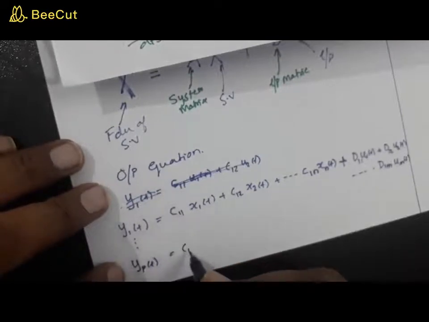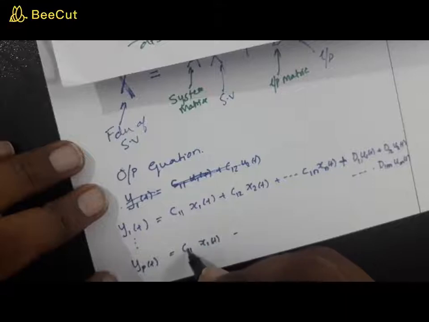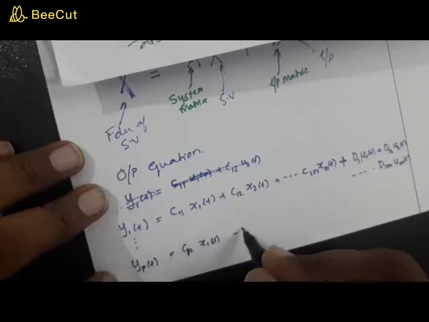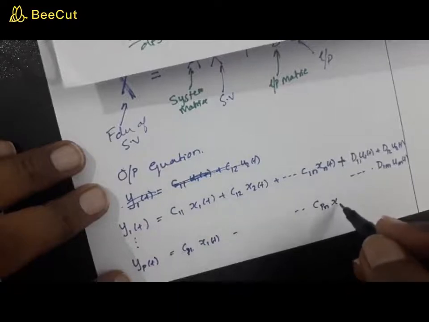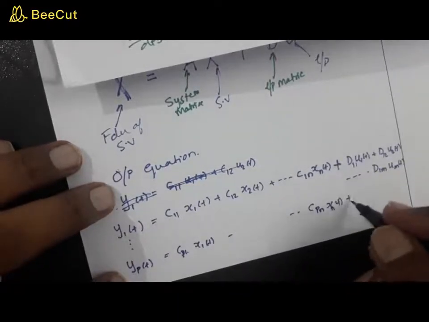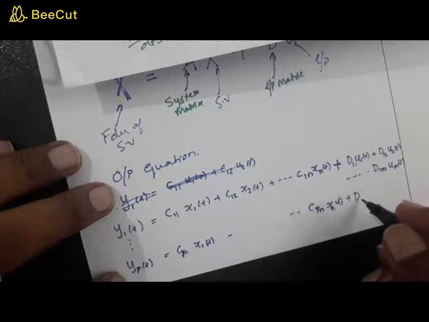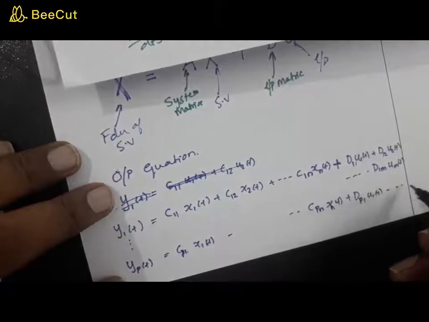So this will be cp1 into x1 of t, cp2, up to cpn into xn of t, plus dp1 u1 of t up to dpm um of t.